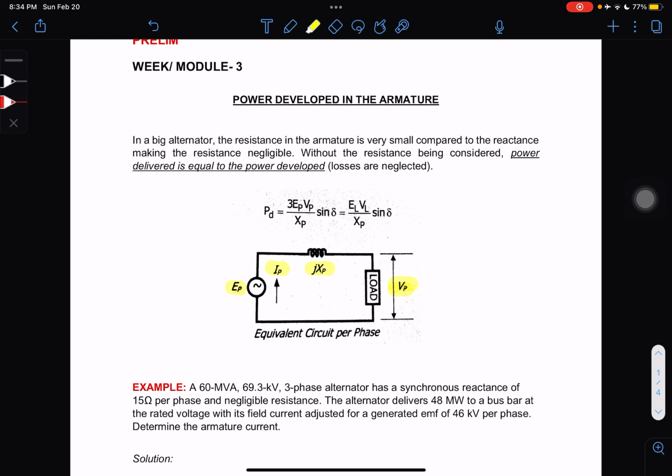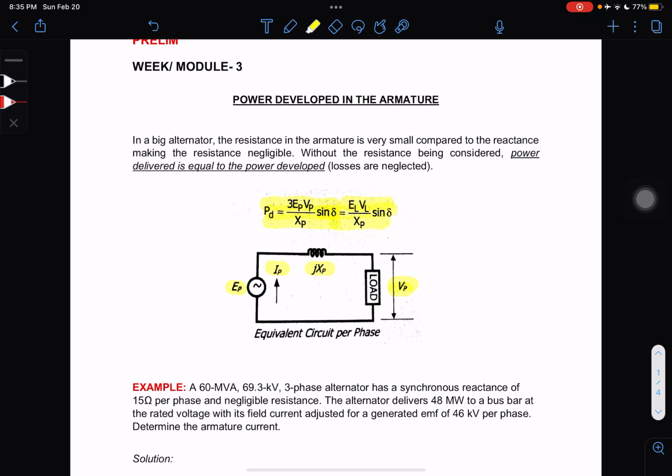We have here PD is equal to 3 multiply sa atoang induced voltage per phase multiply sa VP, or the terminal voltage, over XP multiply sa atoang sine power angle. So kani given ni siya or unknown, depende sa problem if asa ang ihatag. So, for 3-phase, for our line, we have EL, VL over XP multiply sa ato ang sine power angle.